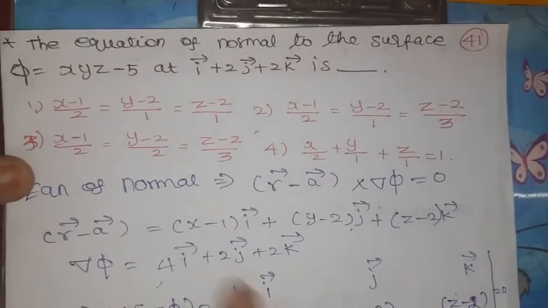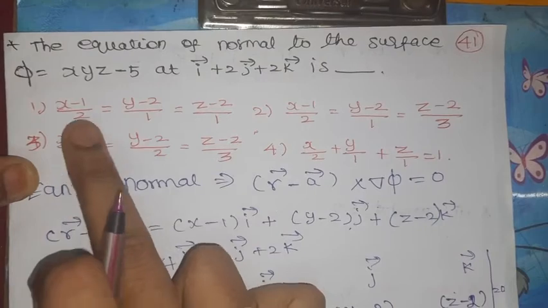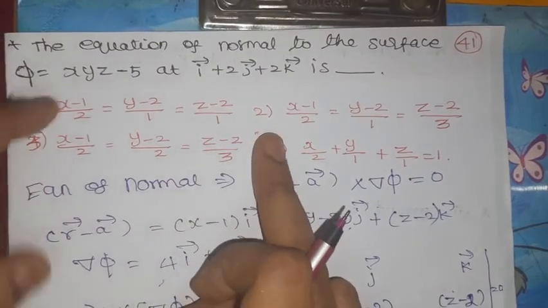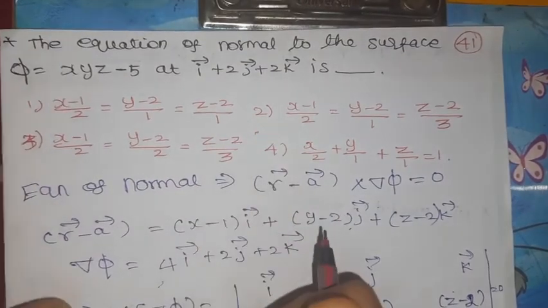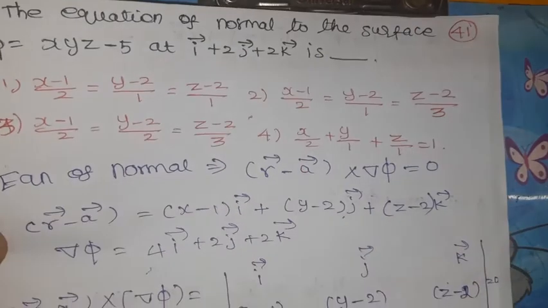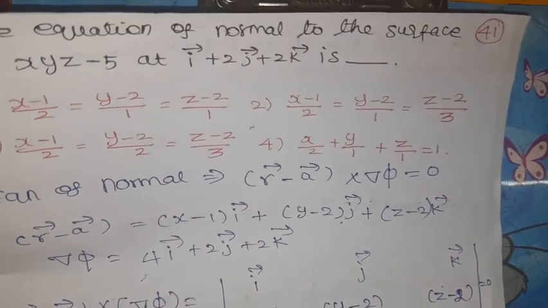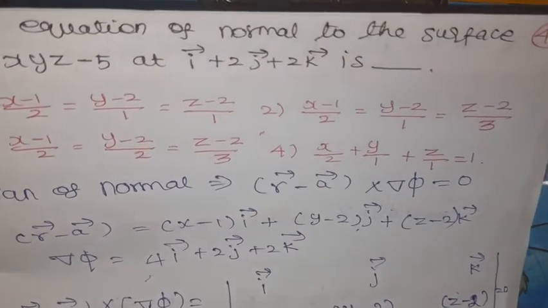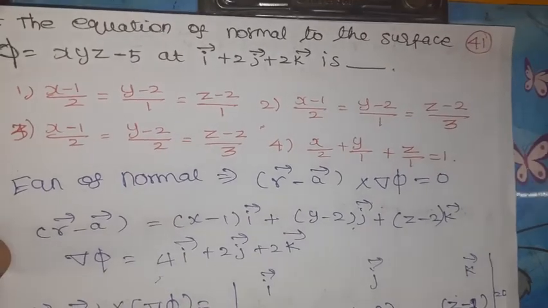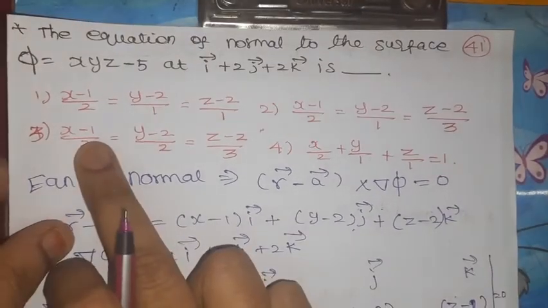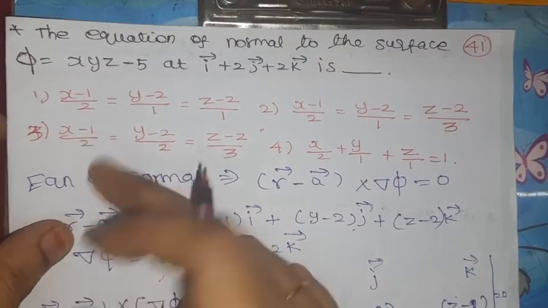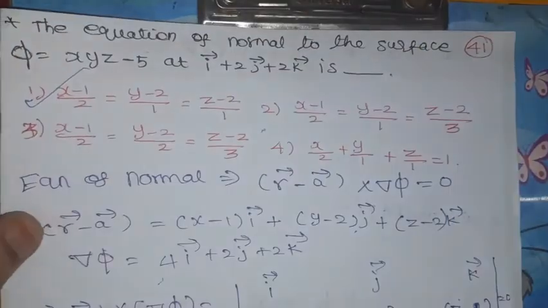So according to the problem, (x minus 1) by 2 equals y minus 2 equals z minus 2. So which one? Number 69, this one, option 1 is the right one.